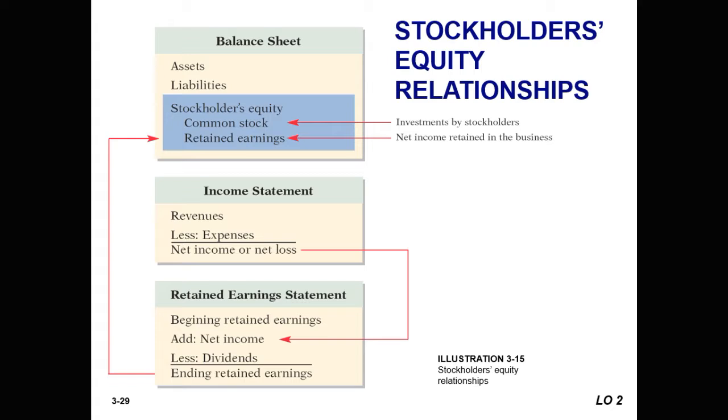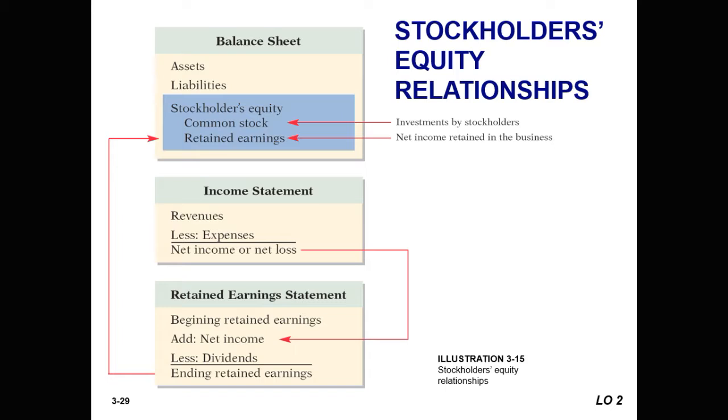Retained earnings is comprised of the impact, the net income of revenues and expenses, which then also flow to your retained earnings statement and takes into account the dividends on the retained earnings statement. This is an impact and a flow of information that you really do need to keep in mind.